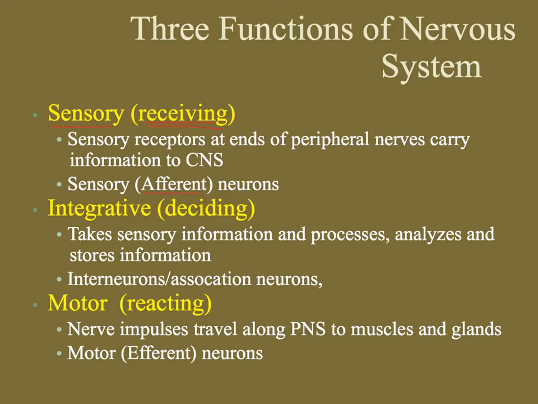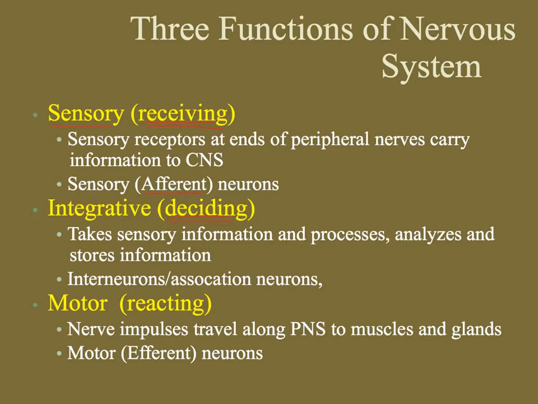Then you have the integrative, or the deciding, part of your nervous system. In the integrative part of your nervous system, the sensory information is taken in and evaluated. This happens, of course, in the central nervous system. It's taking in sensory information coming from the peripheral nervous system.